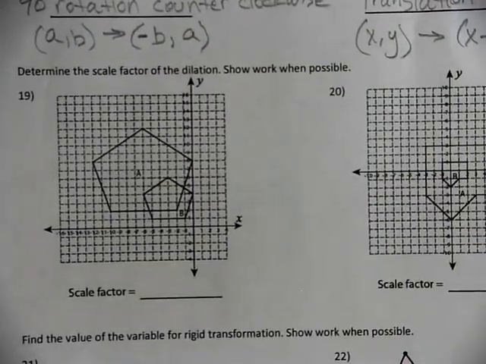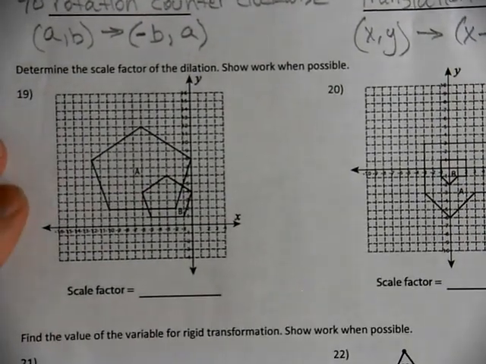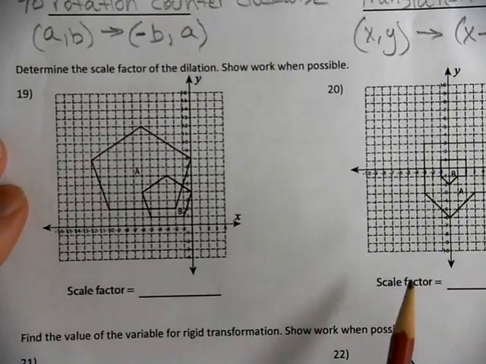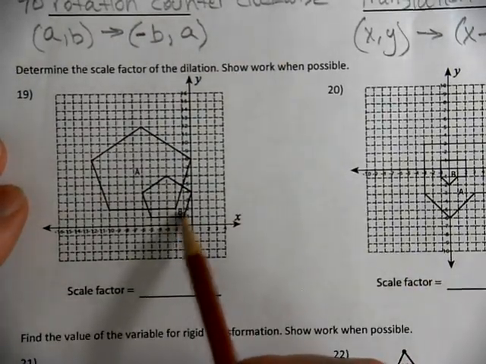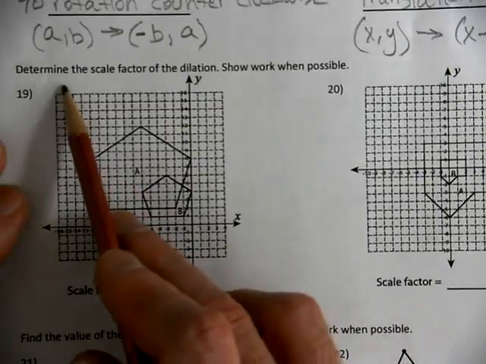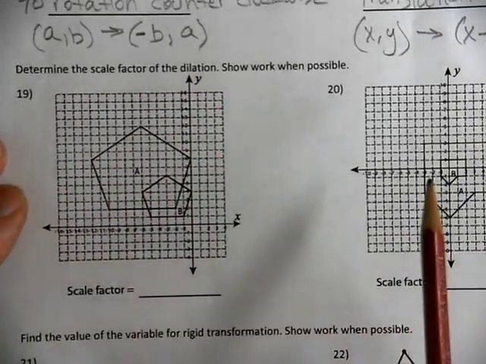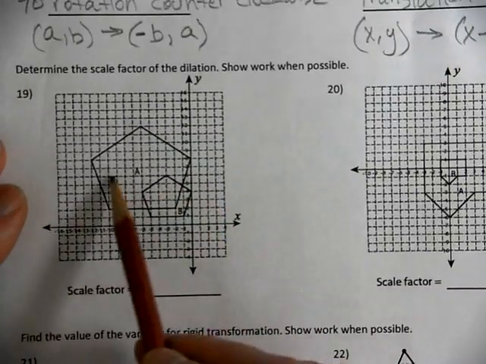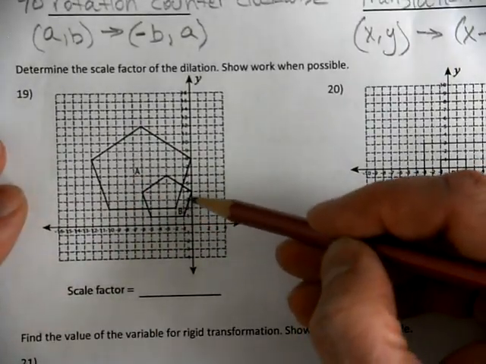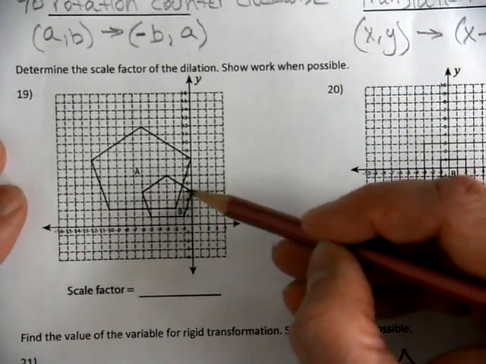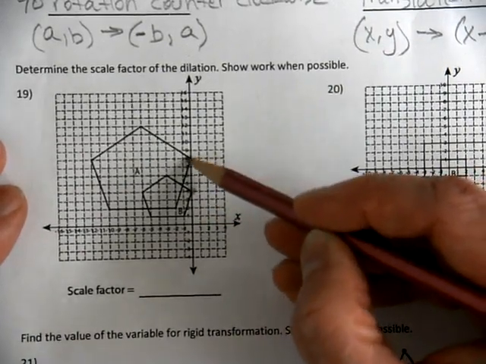A dilation. We actually haven't learned the dilations yet, but one thing you can look at, if we have figure B and figure A, determine the scale factor. We're going to work from A to B. From A to B, if you take a count, 1, 2, 3, 4, that's a point that corresponds with this one.